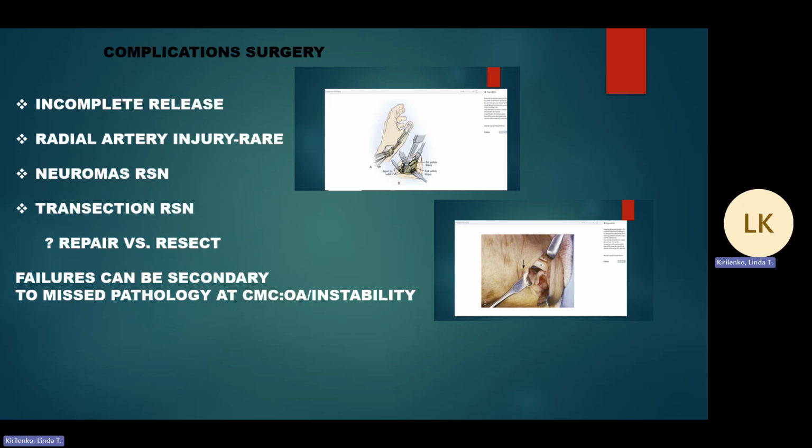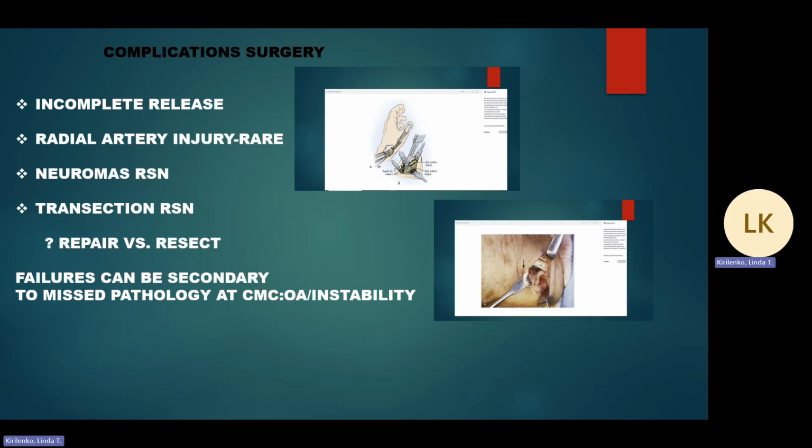Complications of surgery: incomplete release, very, very, very rarely injury to the radial artery, that's very close to where you should be. You can get neuromas of the sensory branch of the radial nerve. There can be transection of the sensory branches of the radial nerve.